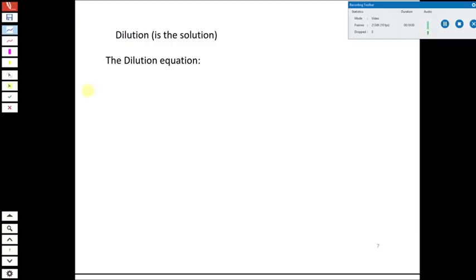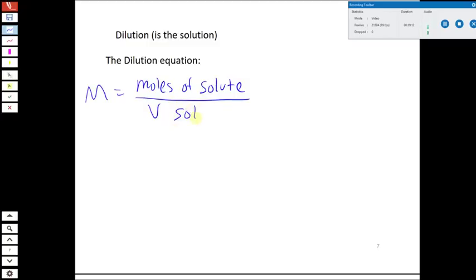Okay, so big capital M molarity is, as we said, moles of solute divided by volume of solution.